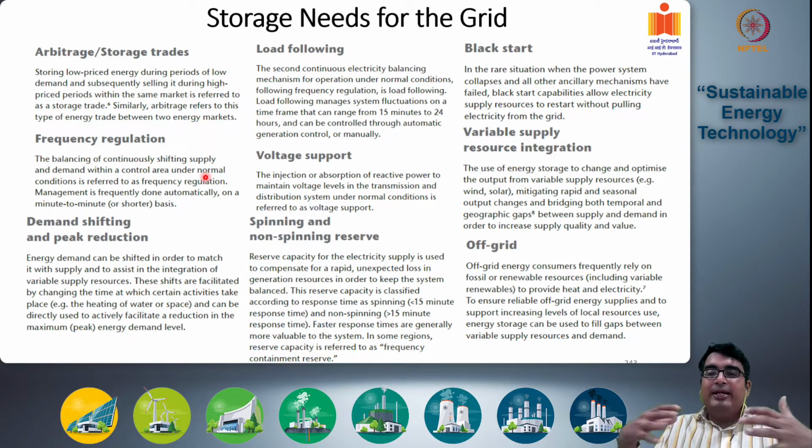So it's regulating the frequency by balancing the supply versus load. Okay, and this is done on a real time, minute to minute, second to second basis. So management is frequently done automatically on a minute to minute or shorter basis.